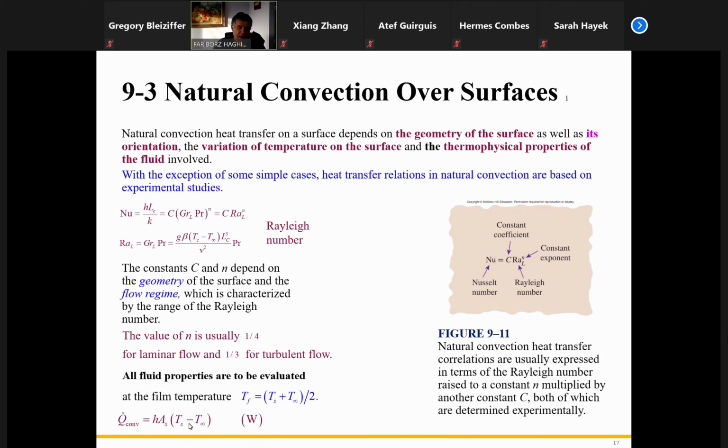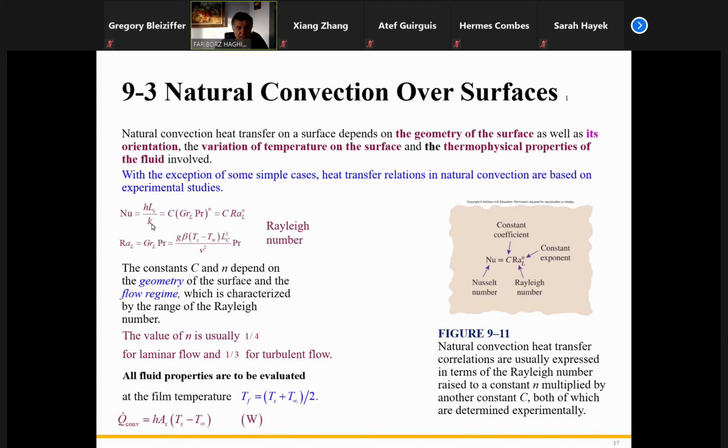Therefore, in general, we can go back again. We mentioned this is a convective heat transfer between the surface and the air. Therefore, in the general equation, T is the temperature of the surface, T infinity is the bulk temperature in the room, and h here is the unknown that we have to calculate.